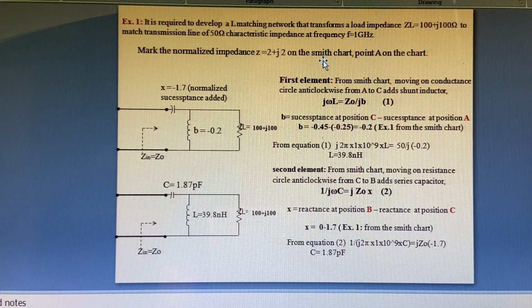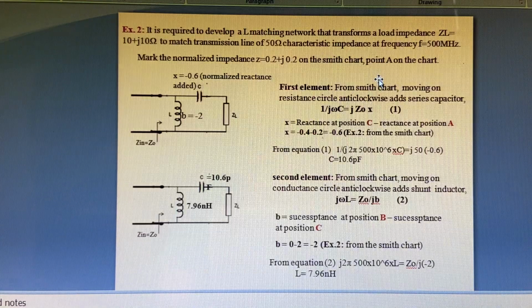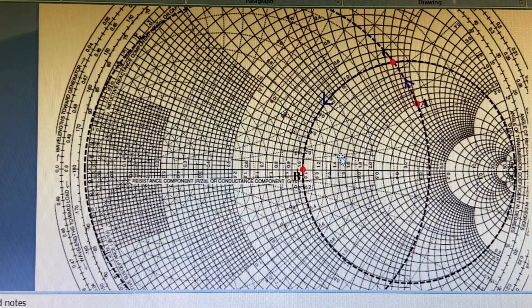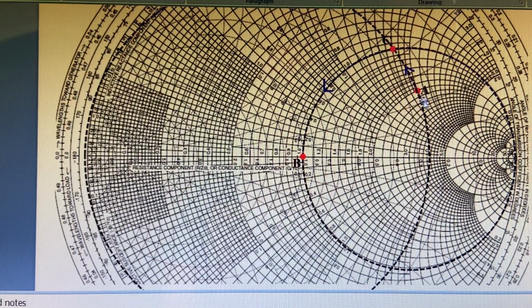To obtain the component values, we have to mark this on the Smith chart. That is point A on the Smith chart, as shown in this figure. On the Z-Y Smith chart, the load point A is marked.